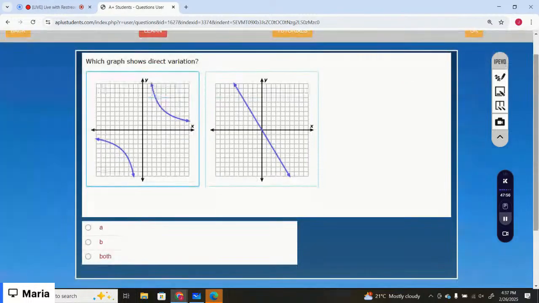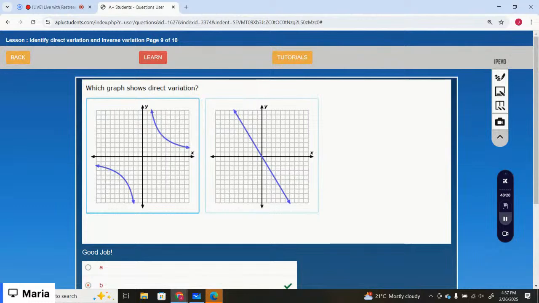Which graph shows direct variation? Which is the correct option? Option B is the correct option.